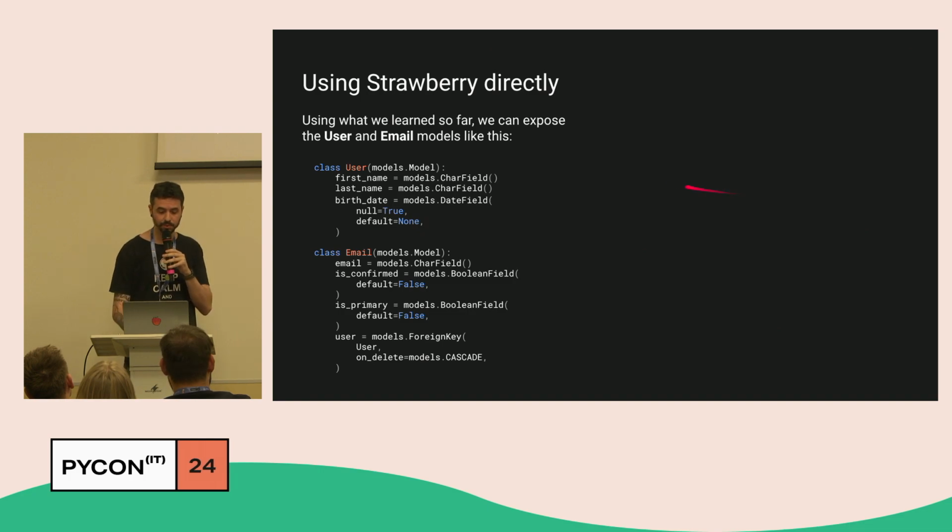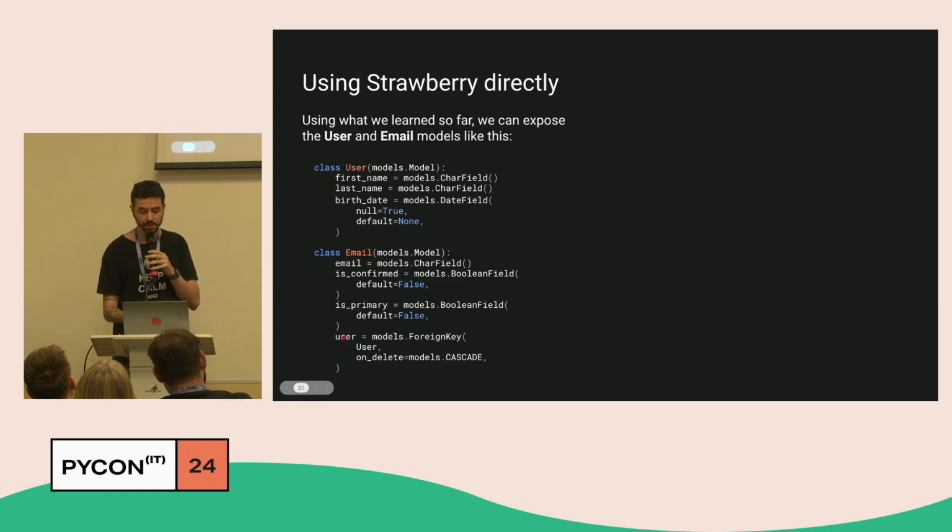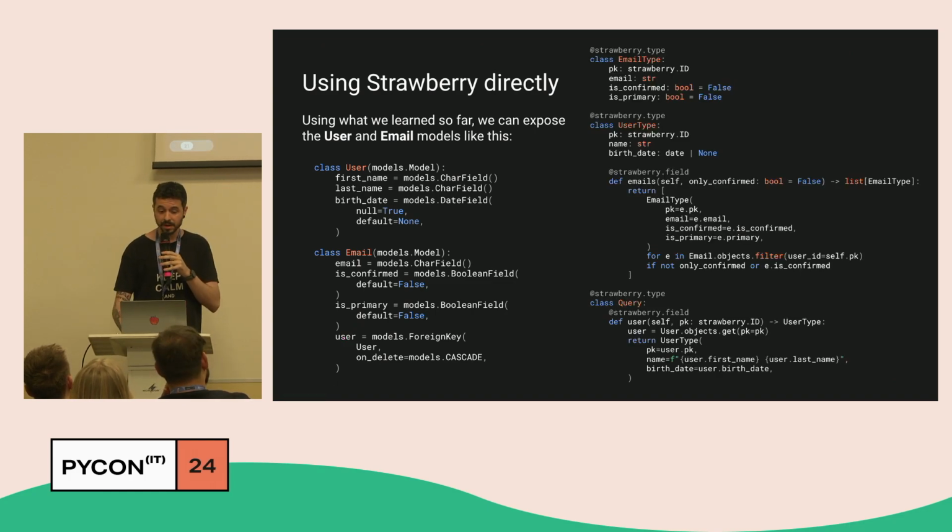So in this example, suppose we have a user and an email, just like the examples before this one. We have a user with first name, last name, birth date. We have email with email is confirmed, is primary, and also the foreign key to the user to create the one-to-many relation from the user to it.